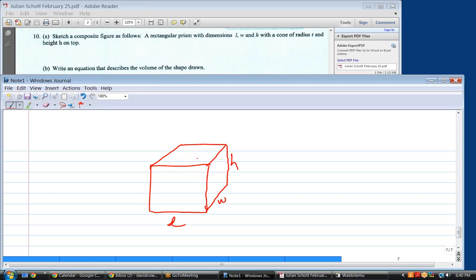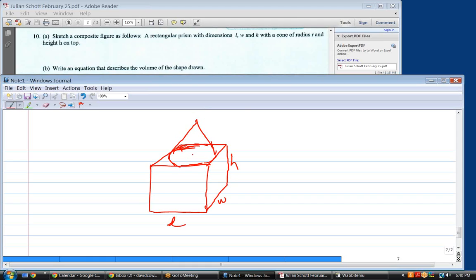Well, the reason I made this a cube was so this would be a square, so I could fit the base of the cone perfectly tangent to the sides of the square. And as far as putting the cone on top, there it is.